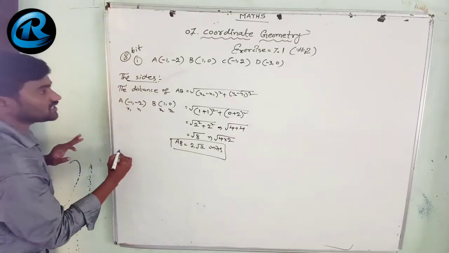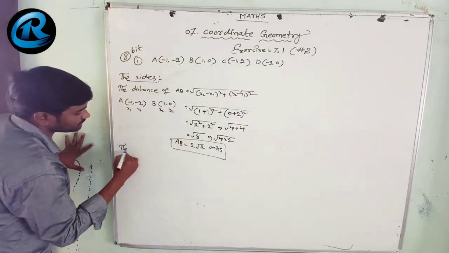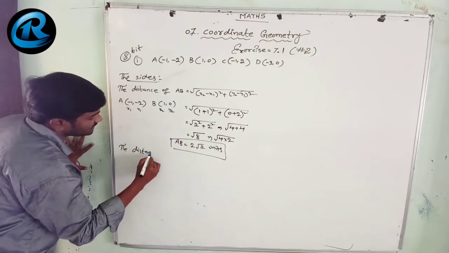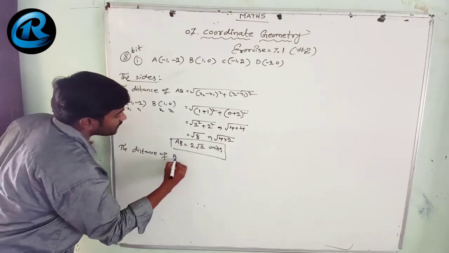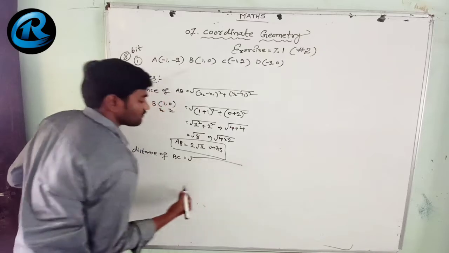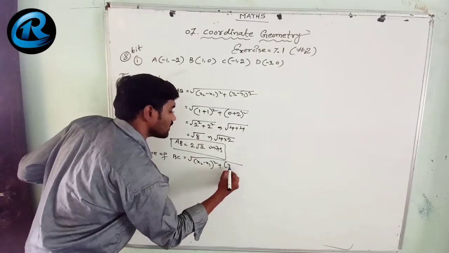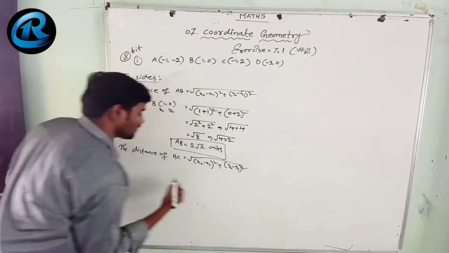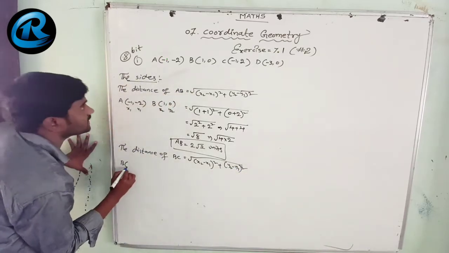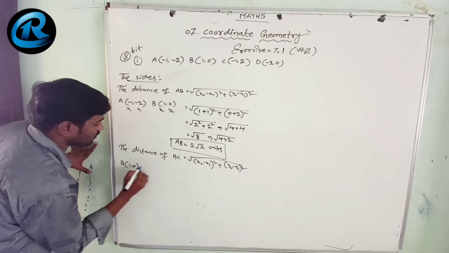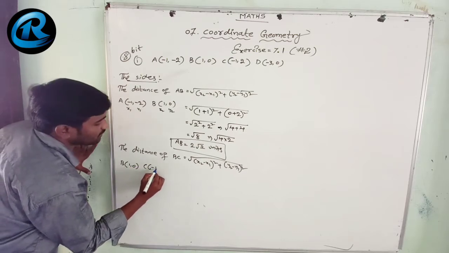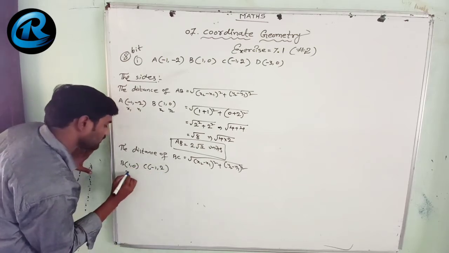Then let us find out the distance of BC. The distance of BC equals under root of (x2 minus x1) whole square plus (y2 minus y1) whole square, where B point is 1 comma 0 and C point is minus 1 comma 2.